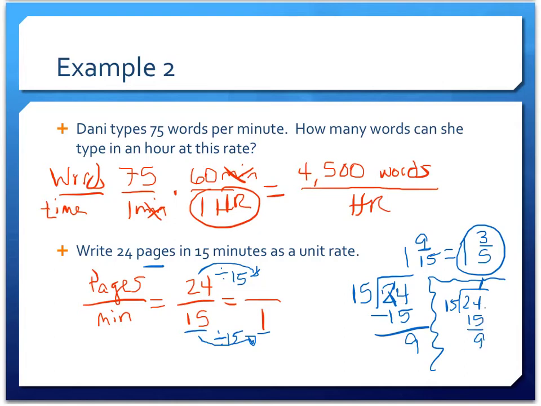So then I'm going to add a decimal and a decimal up top, and then add a 0 and bring it down. And 15 goes into 90 6 times, and I get 90 with 0 as a remainder. So I could also say 1.6 pages per minute. And either one is fine. To me, a decimal seems to make a little more sense than a mixed number. But basically, I can make 1.6 pages per minute, which is a unit rate.